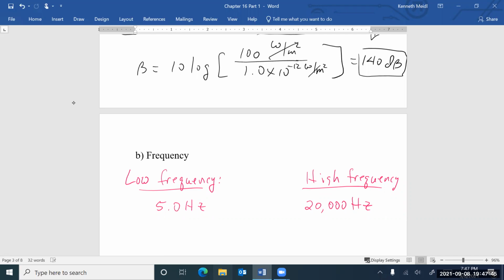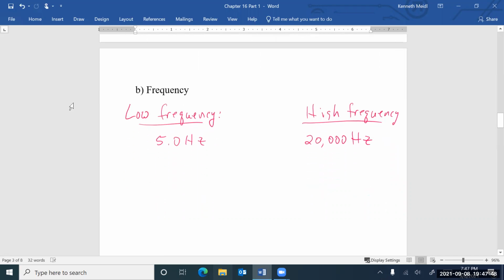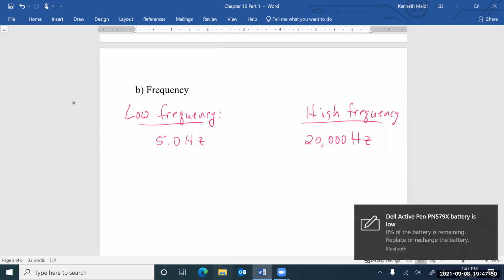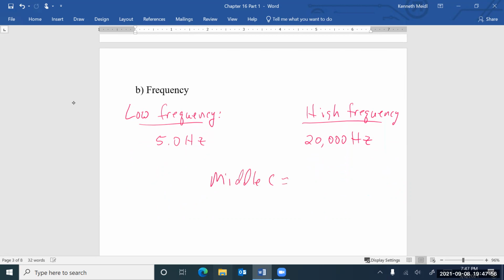On a keyboard, middle C is just about 260 hertz. So you're going to have a C note that's lower than this, and many C notes that are higher, because every time you go up 8 white notes, you hit another C note.